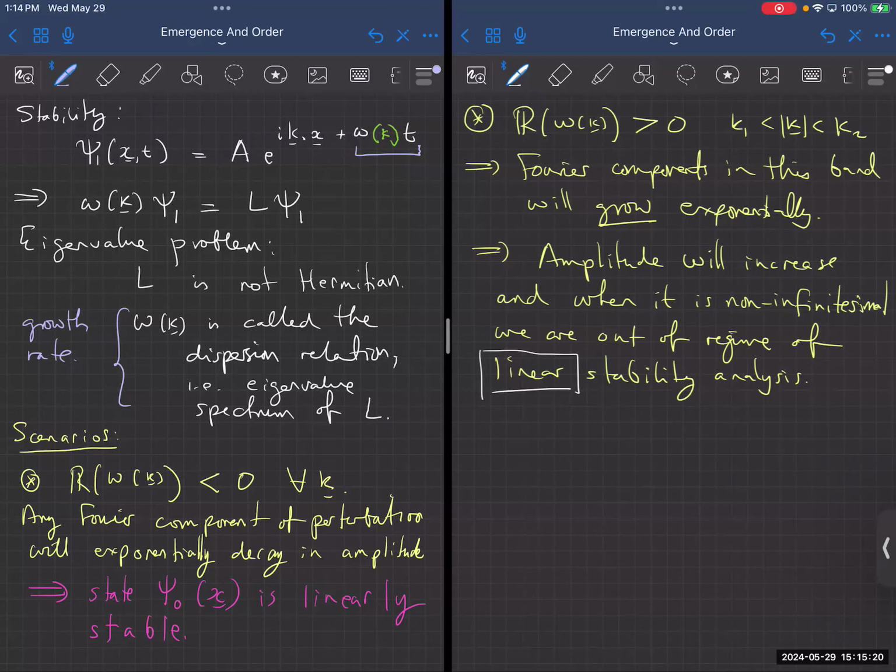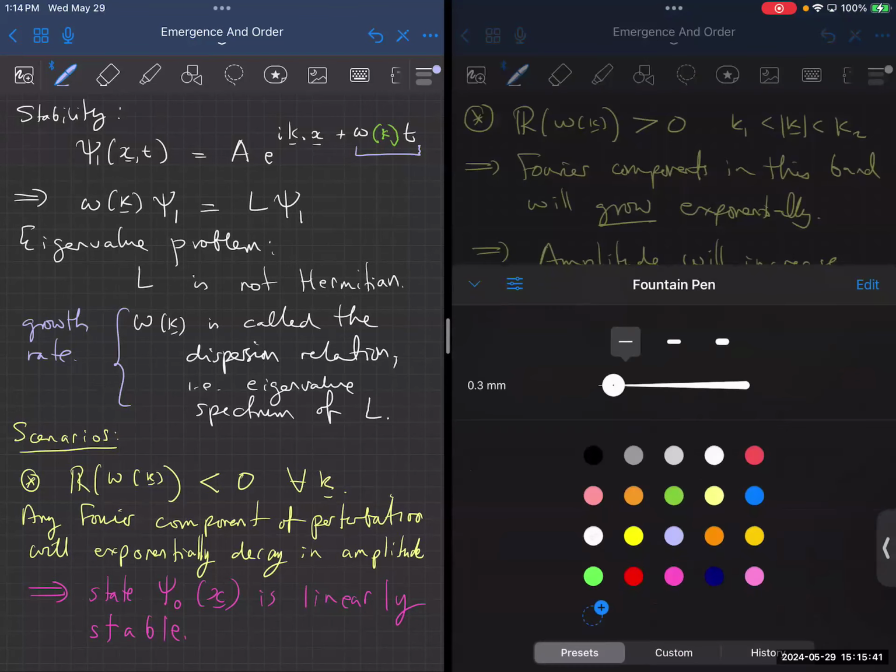And then what will happen to them? Well, in our hearts, we know that eventually they will become restabilized in some way, but they're restabilized by nonlinearities. And we've thrown away the nonlinearities. So this analysis can't tell us anything beyond its breakdown.